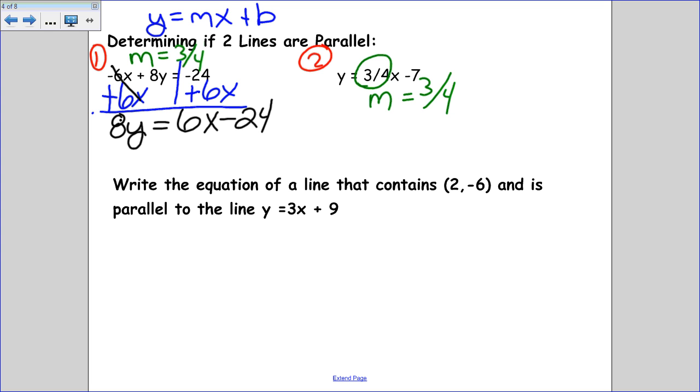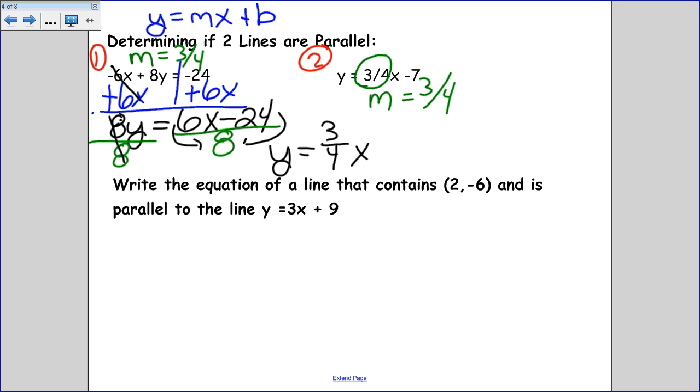Okay, does this tell us the slope? Well, not quite, because we still have a coefficient in front of y that isn't 1. Okay, we need it just to be y equals, not 8y equals. So let's divide both sides by the coefficient of y. Okay, what we're left with is y equals, well, what's 6 divided by 8? 3/4 x.